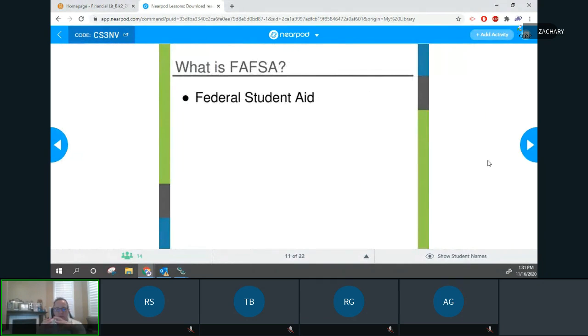Okay, so this is kind of the big catalyst for getting money, like starting out, figuring out what to pay. It's called FAFSA. It's just student aid. What you do is you go to the website and you start filling out the application.